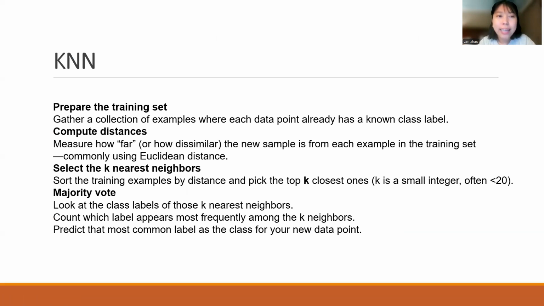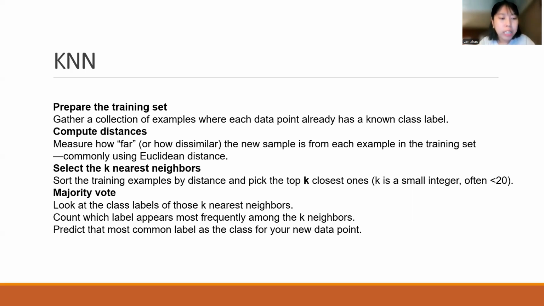We will use KNN. This is how KNN works. Step 1, prepare the training data set. We need to have an existing set of data, and we also need to know the labels for all of them.